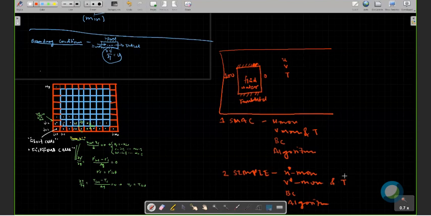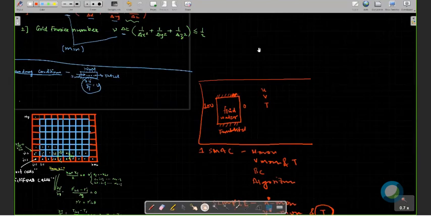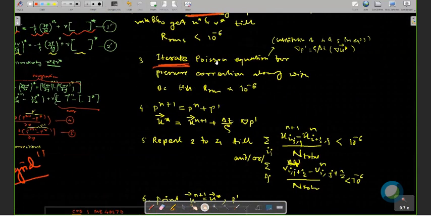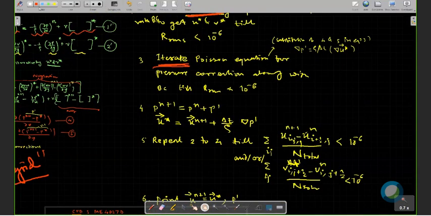Now, when any other variable comes in, where do the changes come in the algorithm? Suppose T has come. So the temperature equation has to be solved. Then where do we solve this equation? Once we get the values of U star, V star, and the pressure Poisson equation, the pressure correction terms, then after we update this, there can be another step, 4a, or we will say 5, then this will be 6, 7, like that.